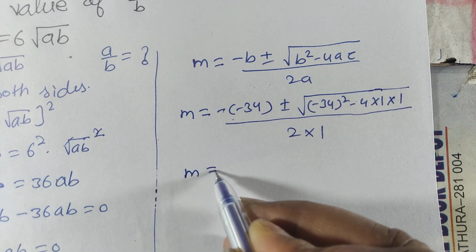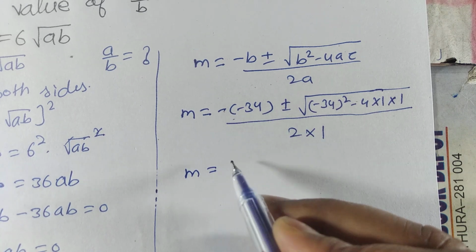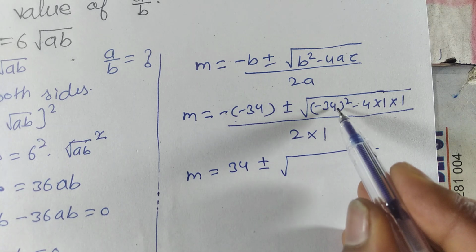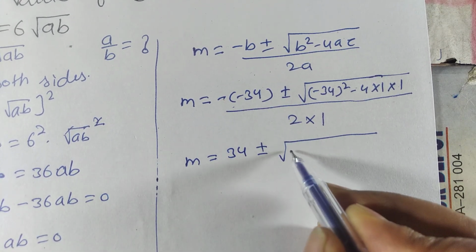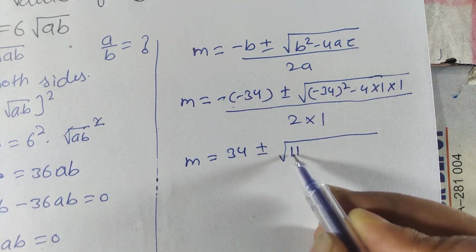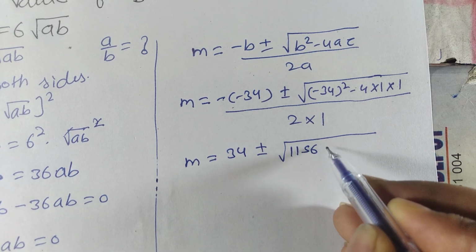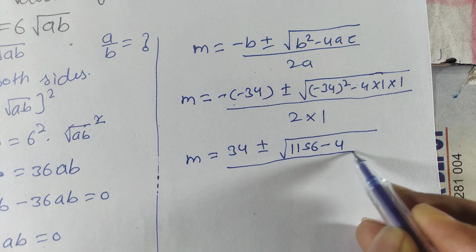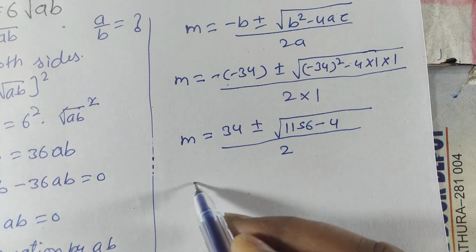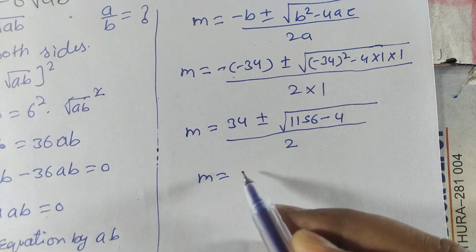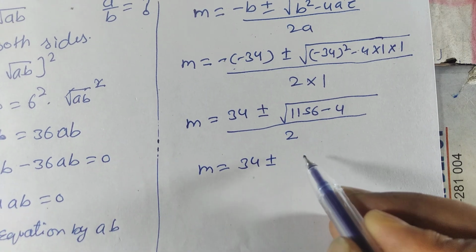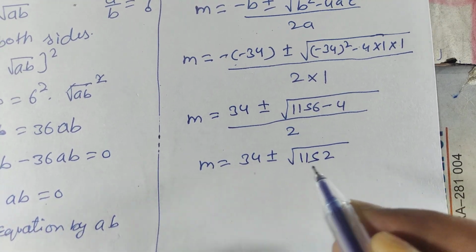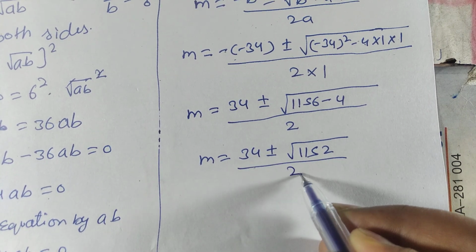Minus and minus is plus, plus or minus square root of 34 square, which will be 1156, minus 4, over 2. M is equal to 34 plus or minus square root of the subtraction, over 2.